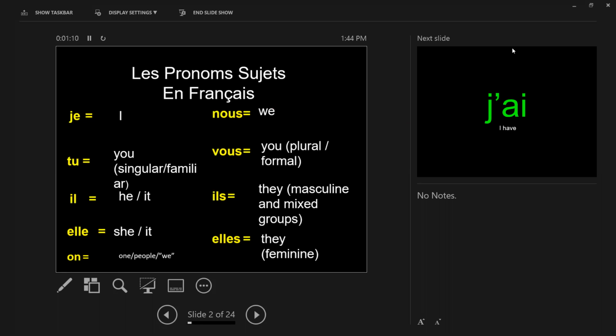Je for I, tu for you, il for he, elle for she, and all these other ones. Some of these on the right-hand side we've seen in our notes: you, we, and ils for they being masculine and elles being feminine.